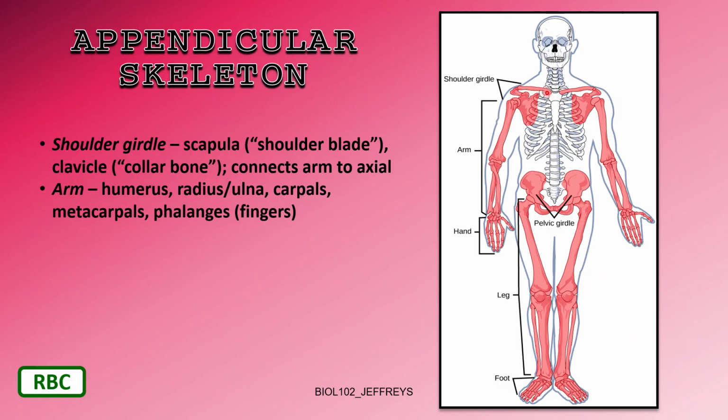You can feel yours. And the arm then consists of, this is your upper limb, right? Your upper extremity consists of the humerus here, this long bone, the upper arm, the radius and the ulna.